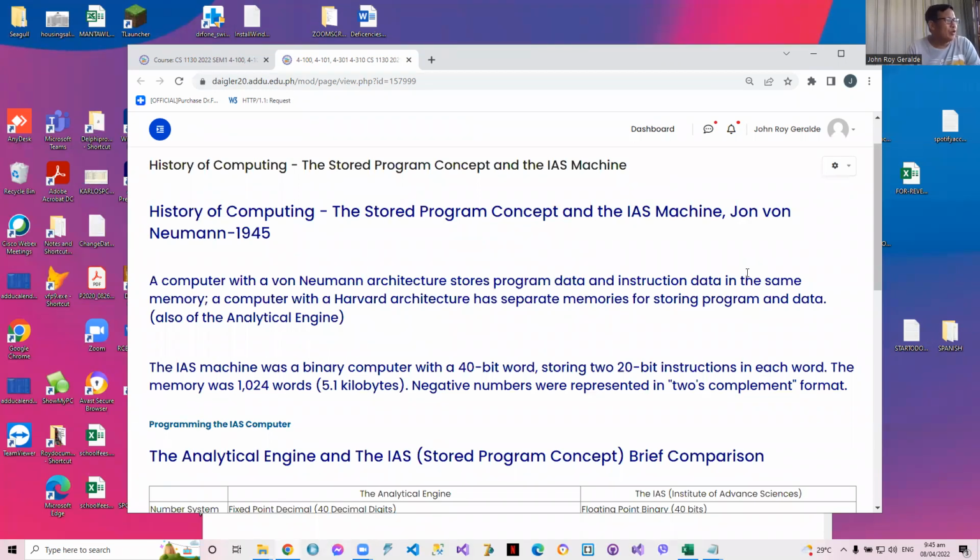Now, the stored program concept was first released in 1945. The concept itself, in a report by John von Neumann entitled "The Draft Report on the EDVAC Computer." Okay, we'll mention that later. Okay, the IAS machine was developed in the Institute of Advanced Sciences in Princeton University.